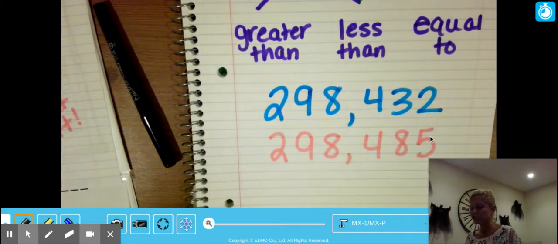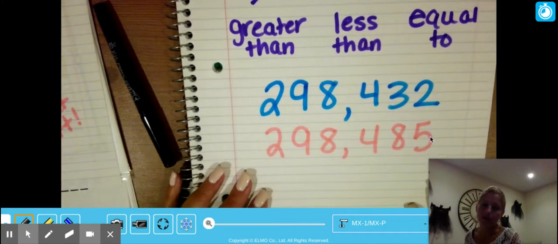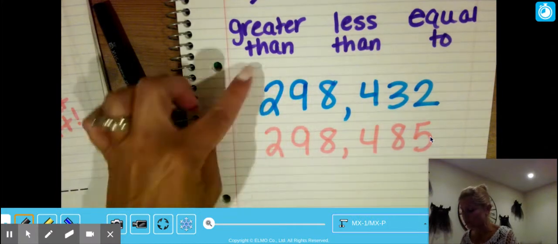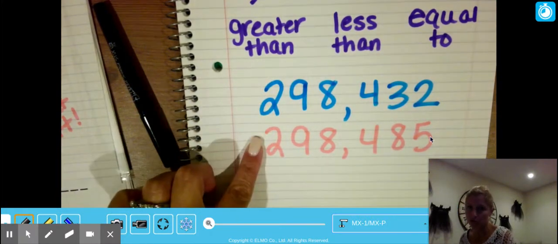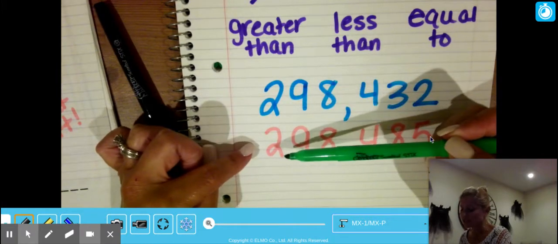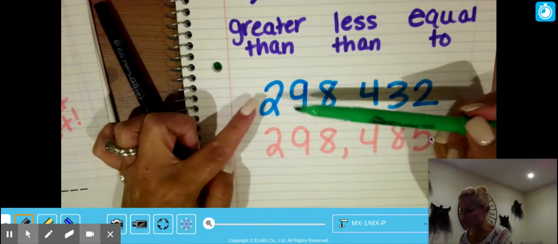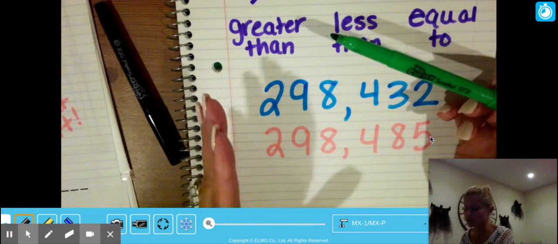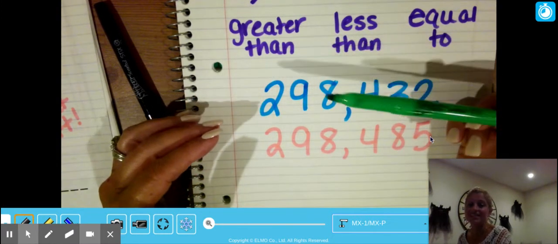Okay? Which of these numbers is bigger, right? So how do we do that? The way that we compare is we always want to start in the greatest place value all the way to the left. You're going to look at both digits that happen to be in the hundred thousands place, and you're going to keep going to the right until you find a place value that is different.